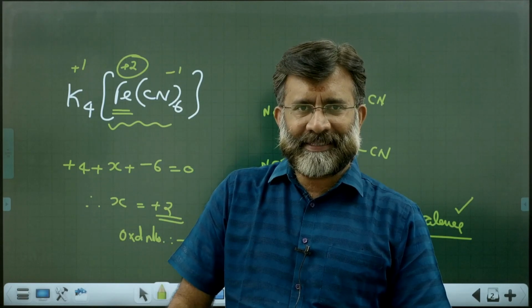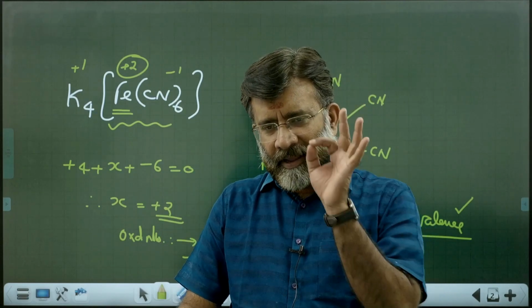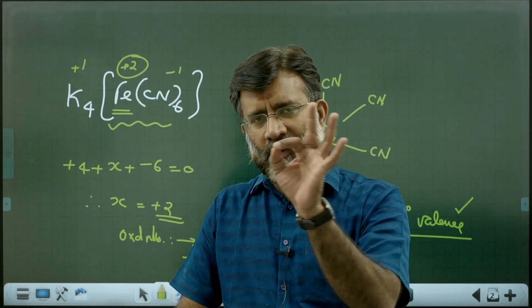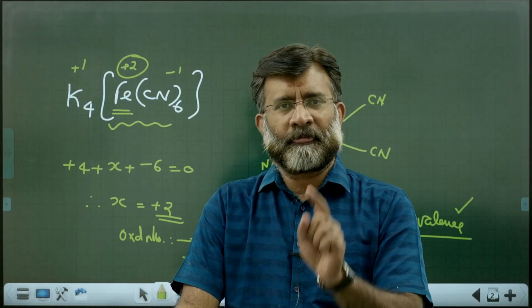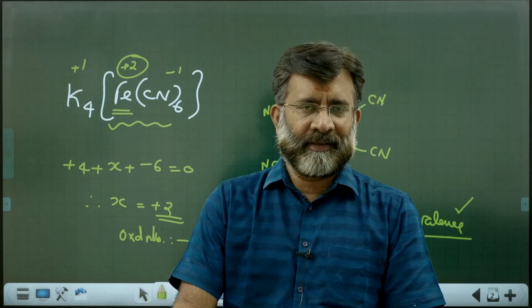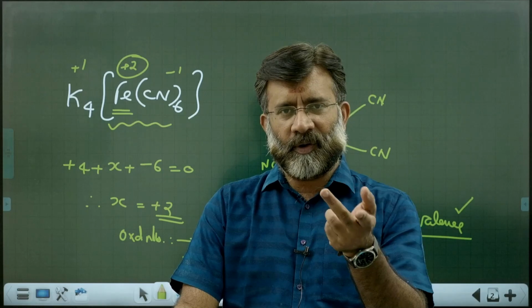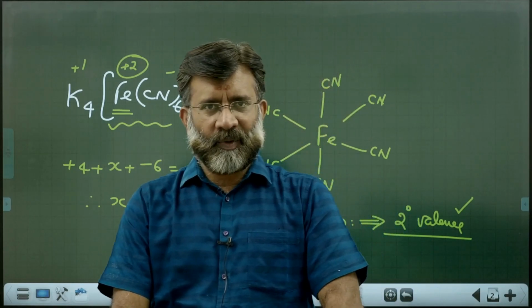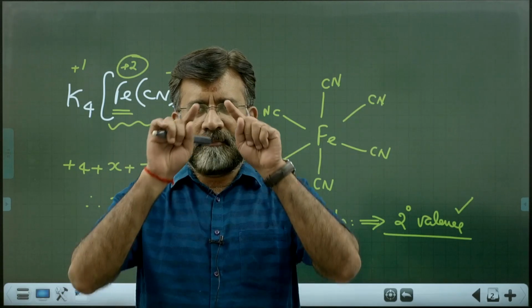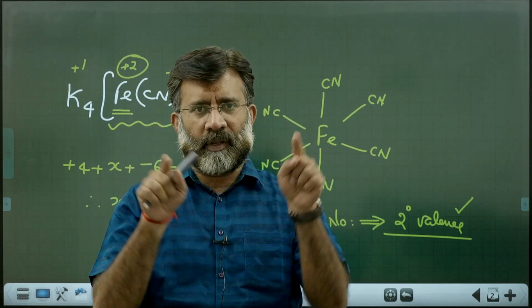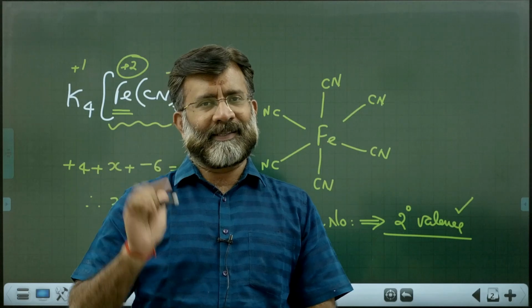He comments that every metal atom exhibits a primary and a secondary valence. Primary valence means ionizable valence; secondary valence means non-ionizable valence. Primary valence means oxidation number; secondary valence means the number of bonds made surrounding the central atom.